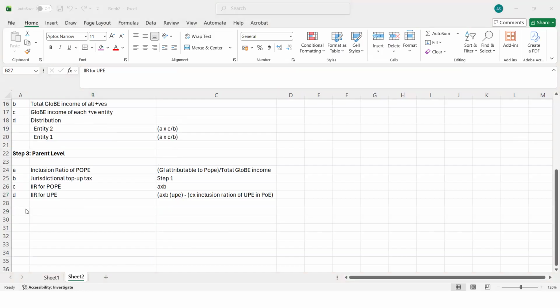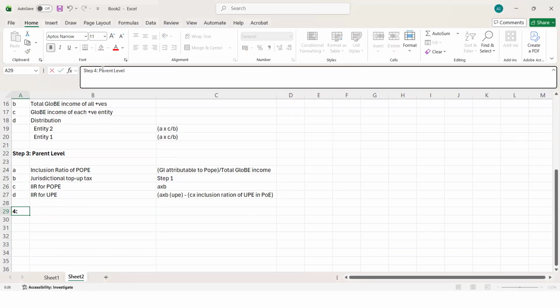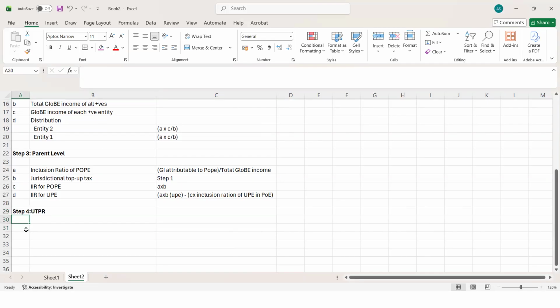Okay. Now let's go. What then? If there is still a difference, then what is step 4? Step 4 we will go to UTPR, and in UTPR what do we do?